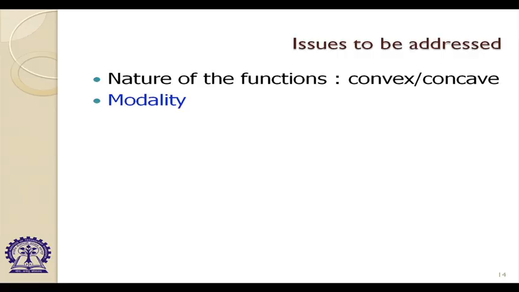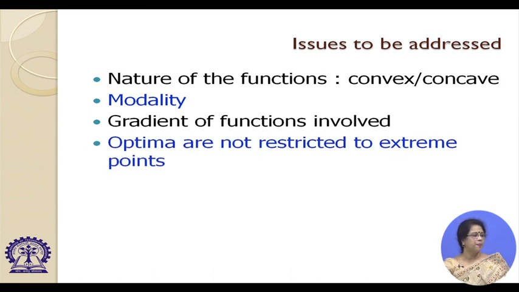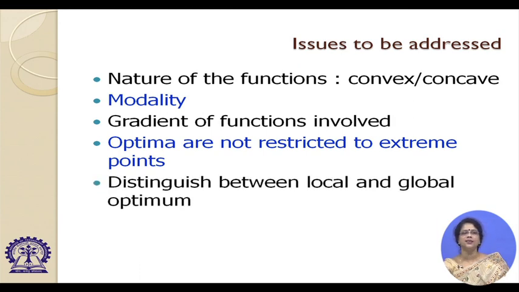All right. Modality, whether a function is unimodal or not, is another part for you. The next thing you need to learn is the gradient of the function. As I said, gradient will guide you in which direction to move. Now since optimal points are not restricted to the extreme points, it is very difficult for us to get the optimal solution.